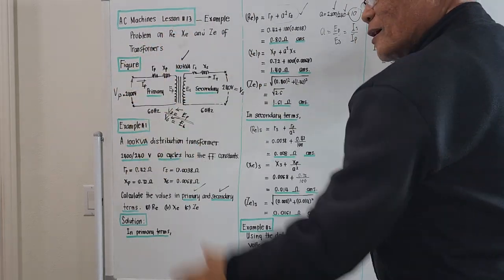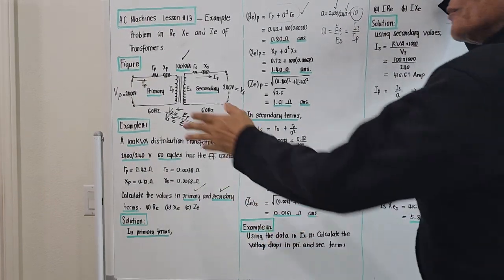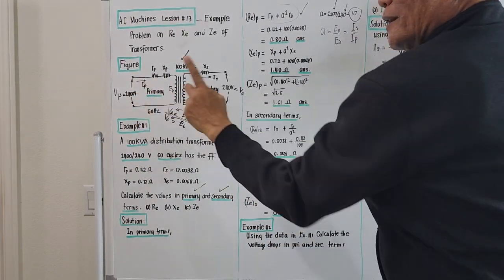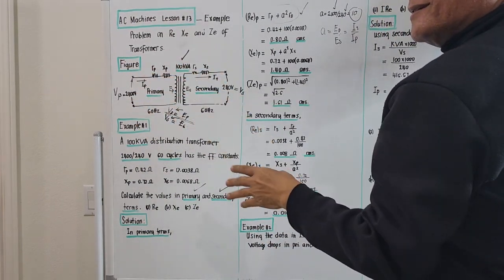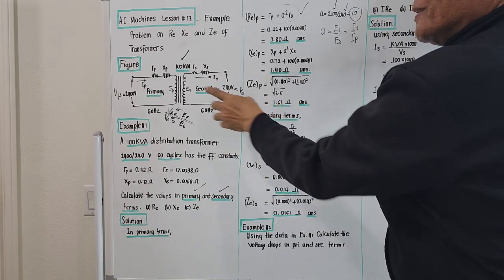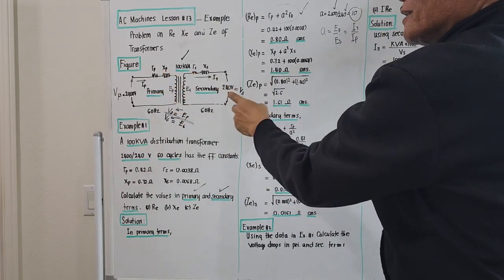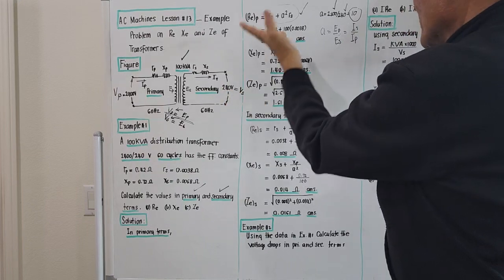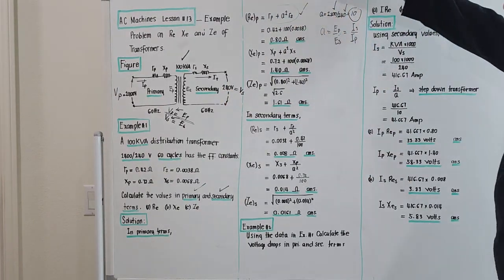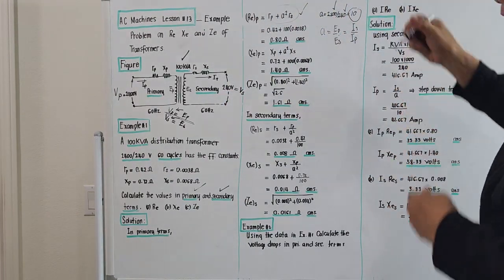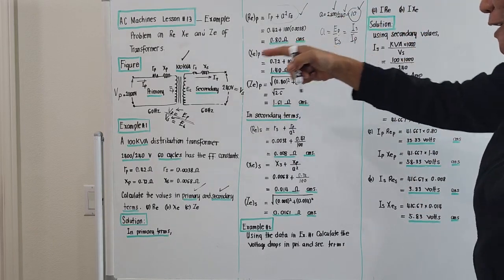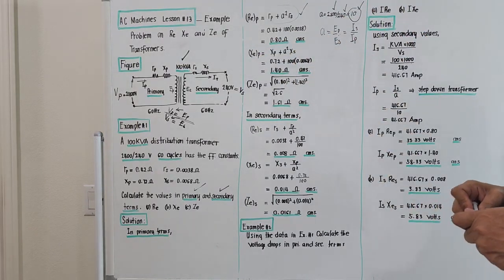Meaning to say, if you've got 2400, and the ratio of transformation is 10, the output should be 2400 over 10, simply 240. That's why the ratio of transformation is 2400 over 240, which is 10. So the given problem is actually a step-down transformer.